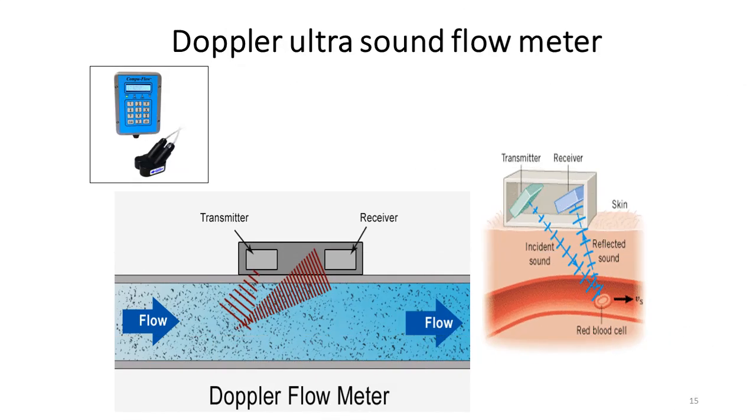Based on the Doppler effect, we have the Doppler ultrasound flow meter, which finds moving objects inside the vessel, for example red blood cells, by sending ultrasound to that vessel and receiving the same sound by a receiver, calculating the distance of the red blood cells from giving the ultrasound to receiving it, and finally finding the blood flow inside the vessels.